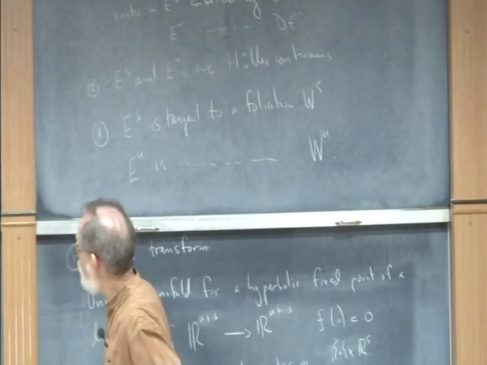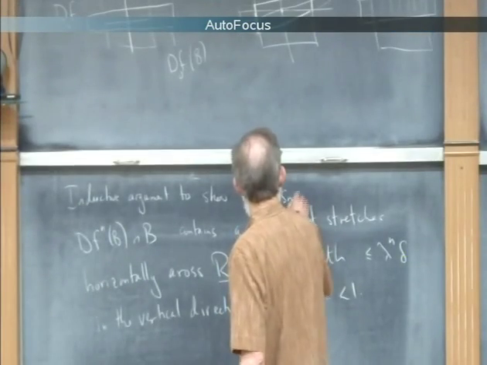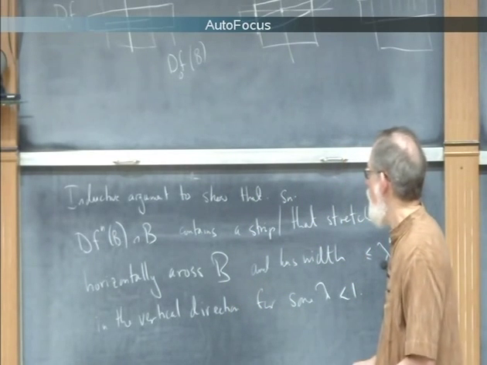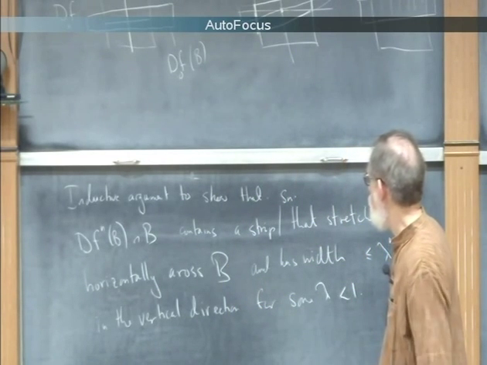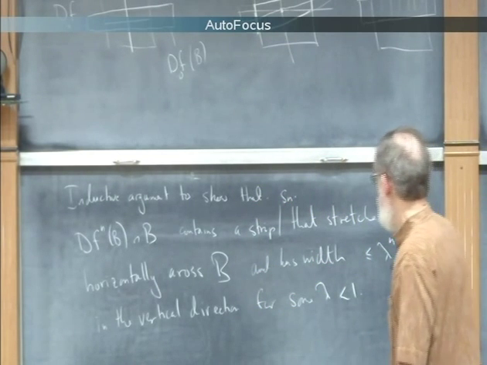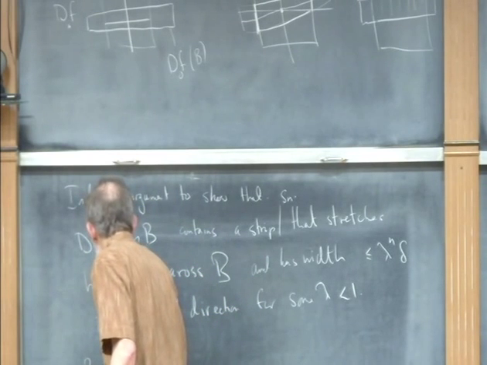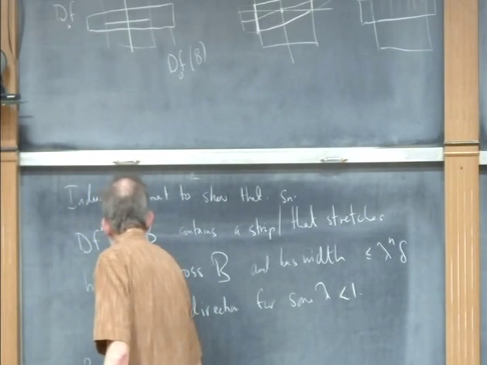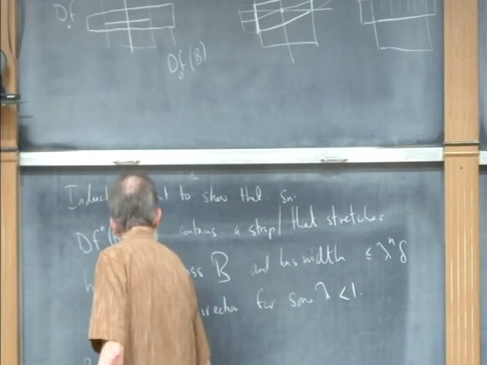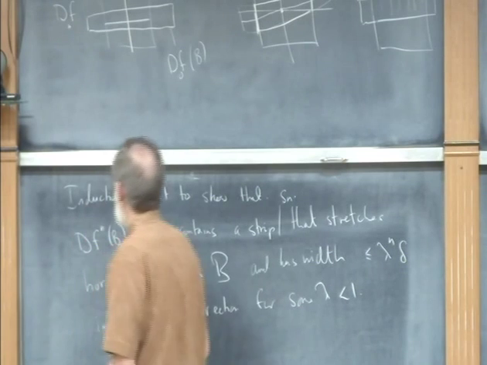And then if you take the intersection, we could call this strip S_n. And really the proof of the inductive step is that you keep doing that.